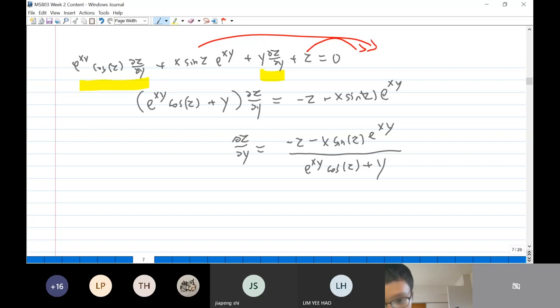Okay, so this is still mechanical work, right? Just showing you how to do implicit differentiation. When you do implicit differentiation, because you cannot get exactly the formula for z now, therefore you have to try the implicit differentiation.